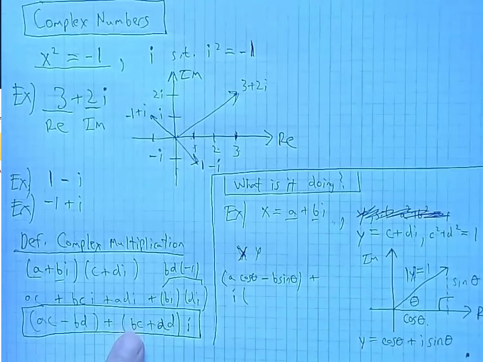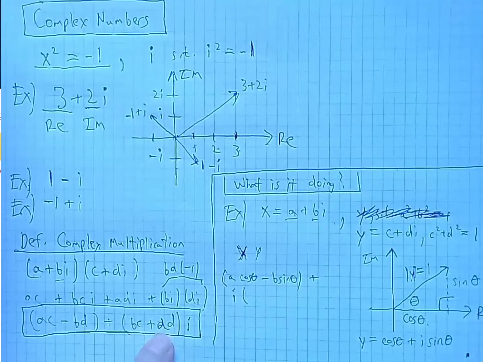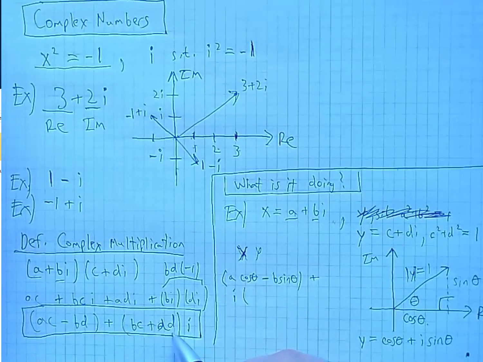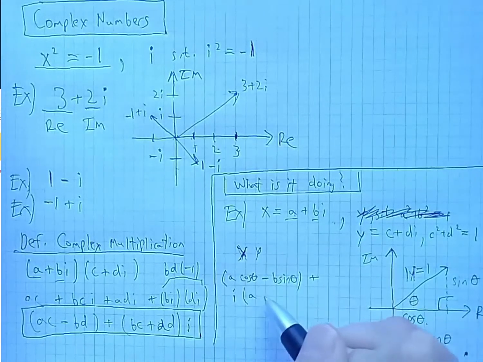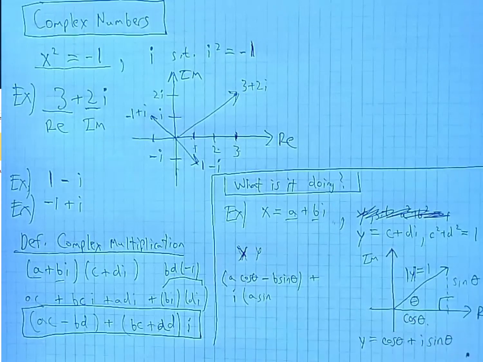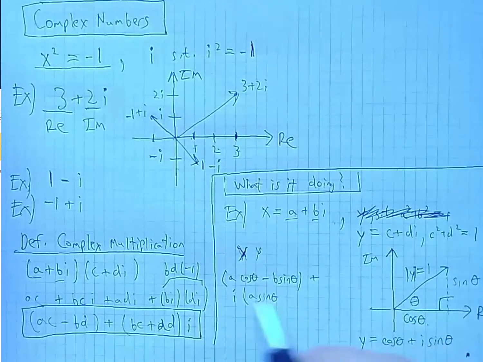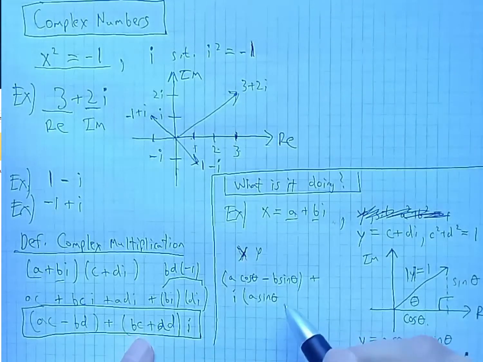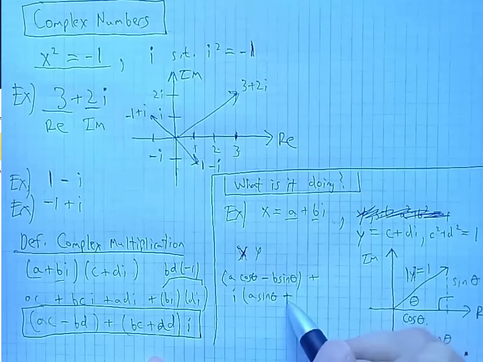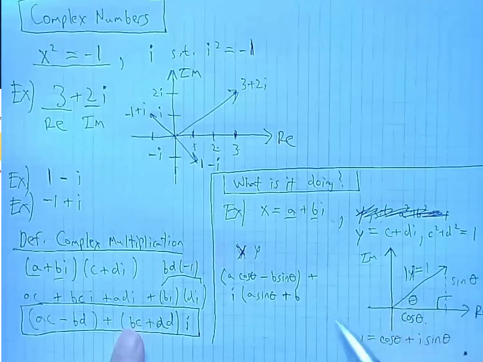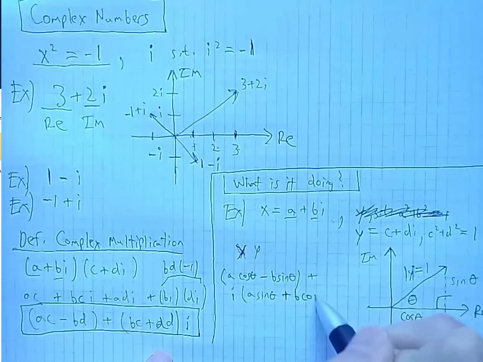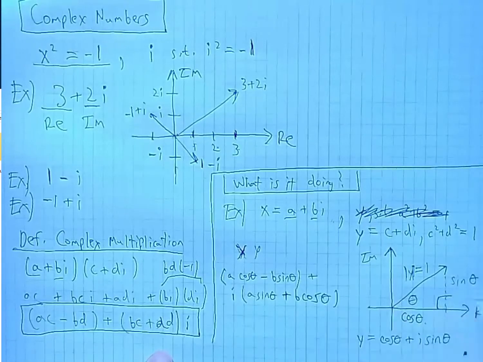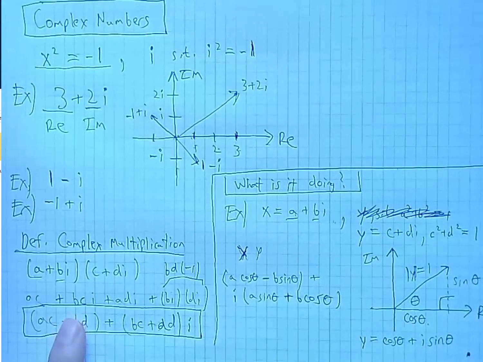So we'll have, let me do a first, a times sine of theta, right? Because that was the d, plus b times c, which is cosine of theta. Anyway, all I'm doing is just plugging into this formula here.